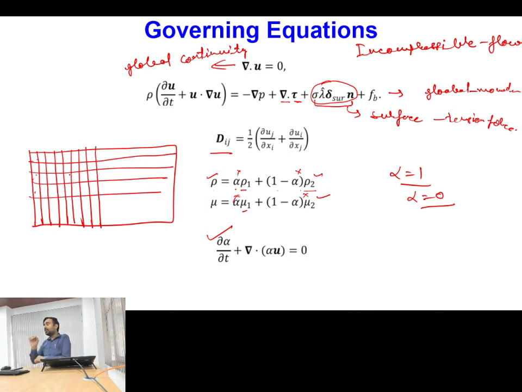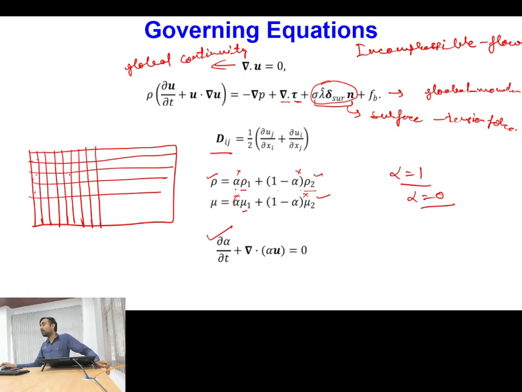Now one more important point is, we have learned from DNS of multi-phase flow that if we have to properly capture and evolve the interface with space and time, we have to consider our length scale of the grid structure so small that we can accurately capture the interface profile. So because of this reason, typically the grid requirement for direct numerical simulations of multi-phase flow is more.